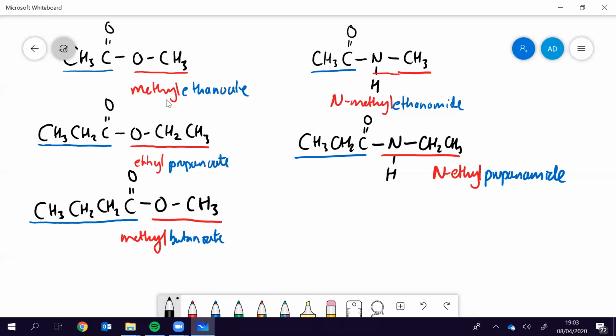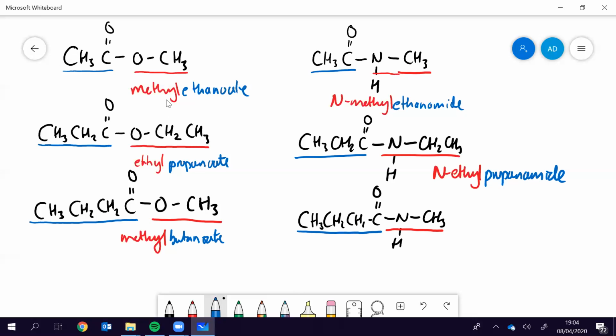And if we draw the corresponding N-substituted amide, we've got CH3, CH2, CH2, C double bond O. Replace the oxygen with a nitrogen. Okay, so this has come from methylamine, and this has come from butanoyl chloride, so we call that N-methyl butanamide.